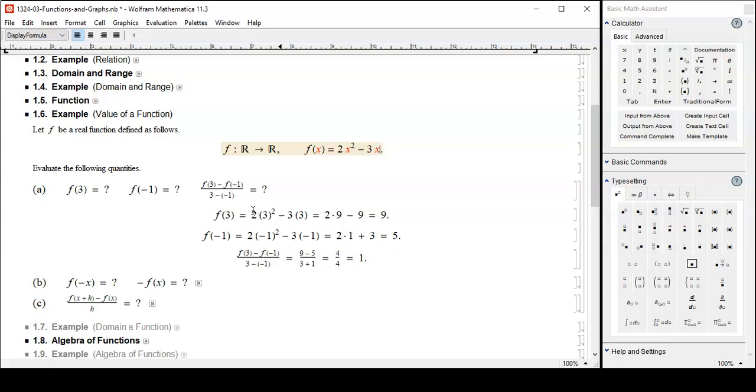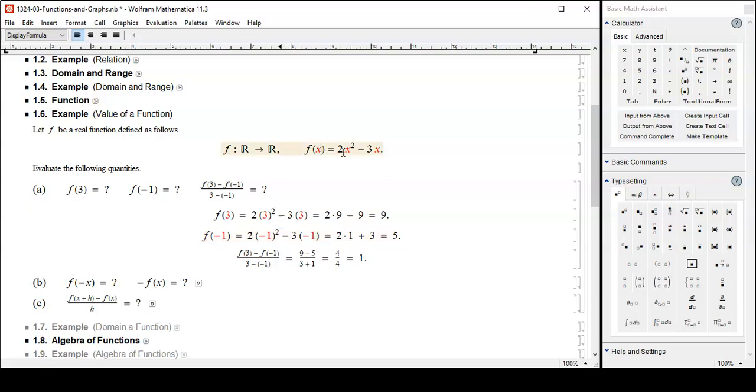In place of all those x, I'm plugging in 3. So plug in 3, and plug in 3, everything else stays the same. Then do your computation, and you end up with 9. Same for -1. Plug in -1, plug in -1, do your computation, it's 5.